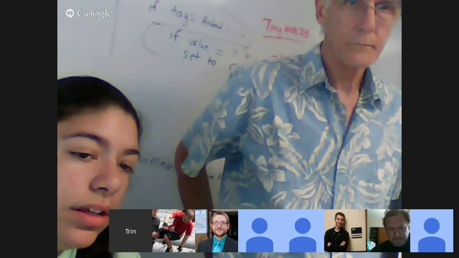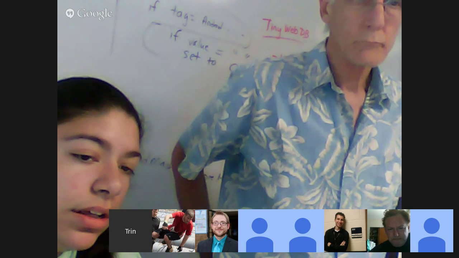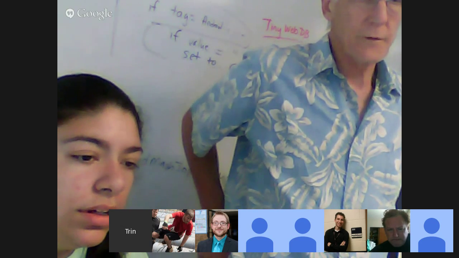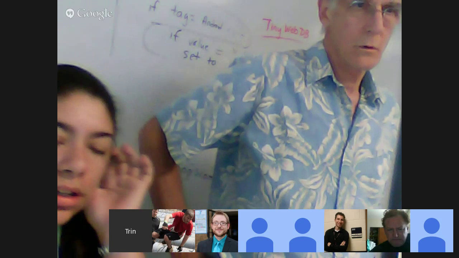And then it checks if not value from WebDB, then it says set to value from. So is it supposed to have one more? Is it like three ifs? No, there's just two. Just two, right? And that's what I had.